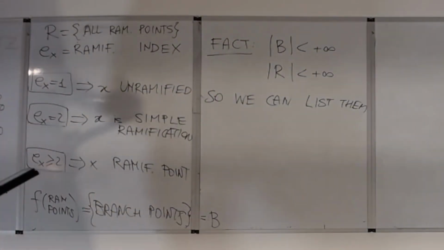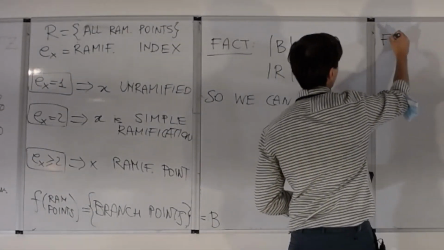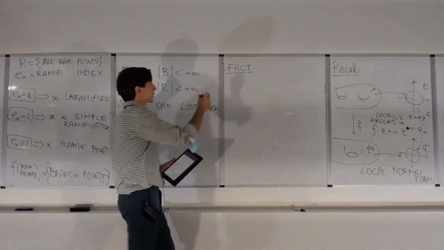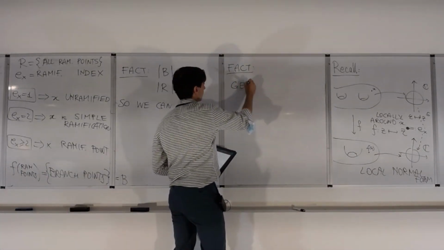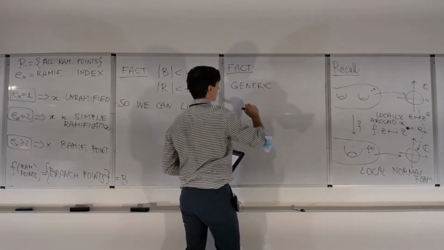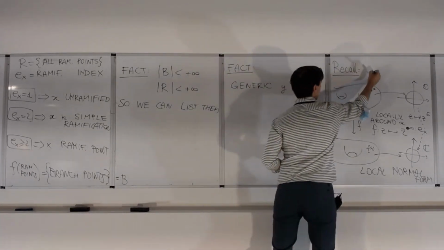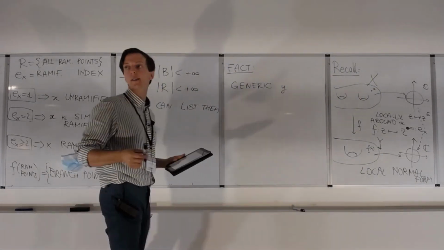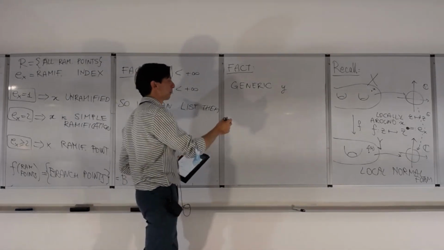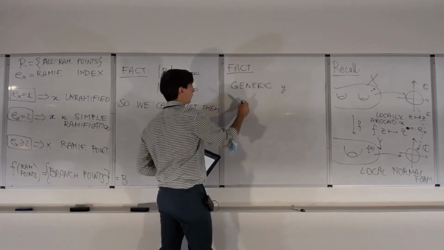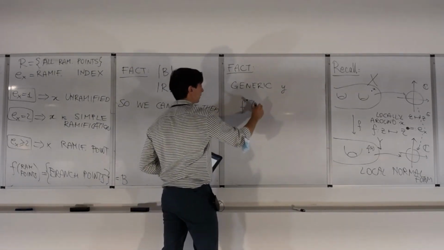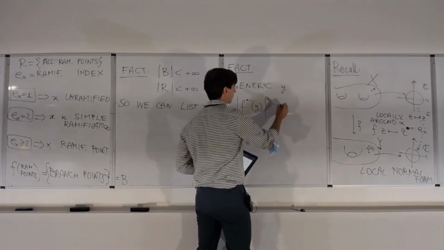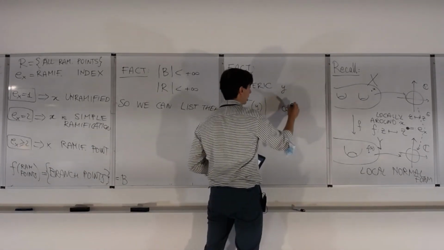Also, there is another fact. If you take a generic point downstairs, let me call this X, and I will call this Y. So X is the domain, and Y is the codomain. If you take a generic point Y downstairs and look at the preimage of Y, the cardinality is constant generically.